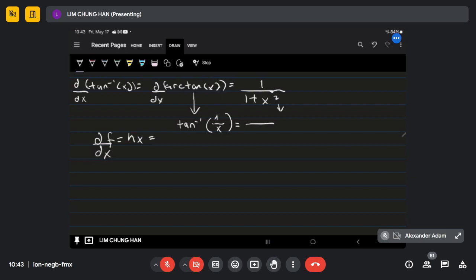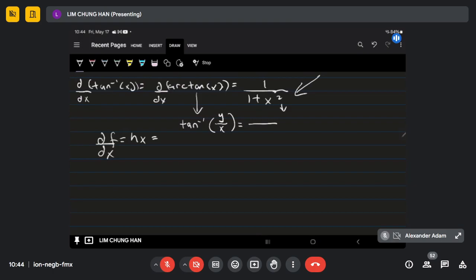This y is a number. So what do you think? It's the same. You just copy exactly what you have done. So you know the answer is 1 over 1 plus x squared. So it's 1 over 1 plus y over x squared. Agree?